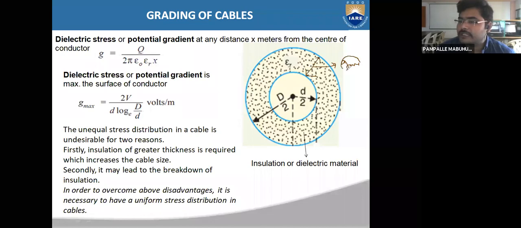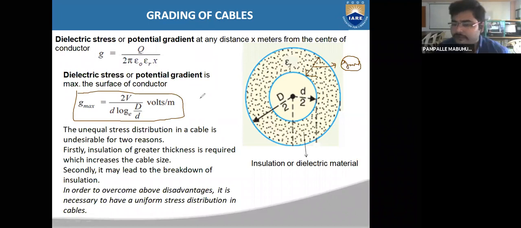So you have to consider this G max while designing the cable. Now this dielectric stress, which is maximum at the surface of the conductor, can be written with this expression: G max is equal to 2V by d into ln capital D by small d. This we also derived in the previous lecture.